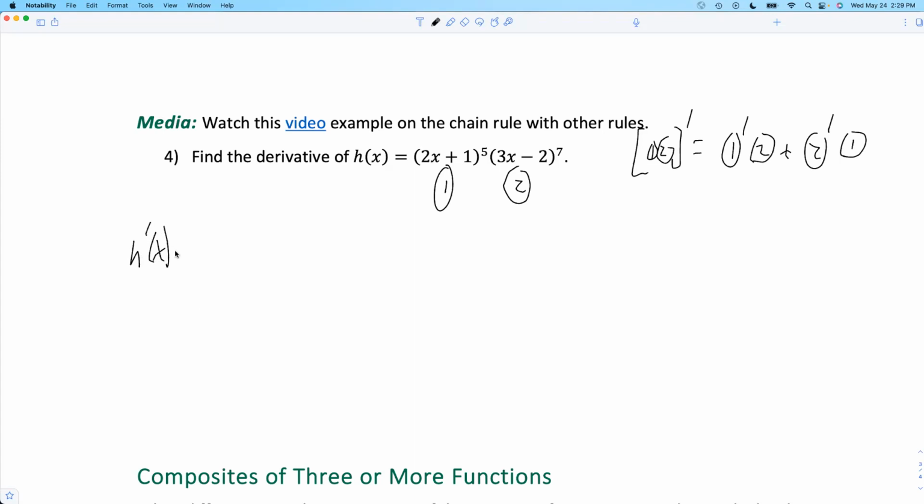H prime of x will be the derivative of the first. That's what that prime is. Let me make that more primey and less one-y. Times leave the second alone.